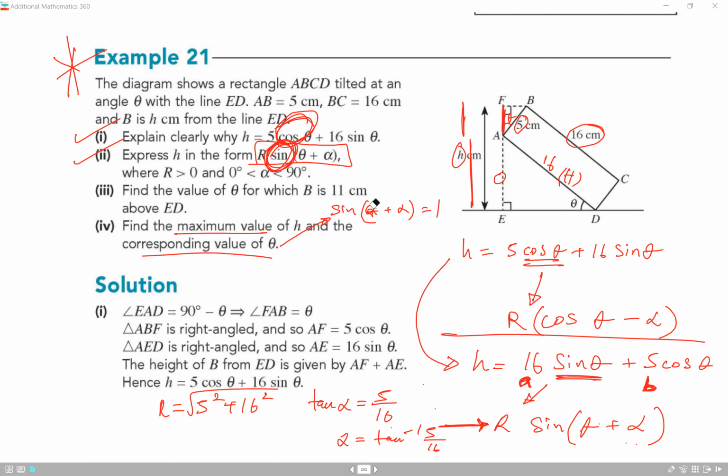That's for the theta value, to find your theta value. The maximum value is just your R value. What is your R value? Can someone help me find what is R? This is 25 plus, wow, what would this be? 256 plus 25.